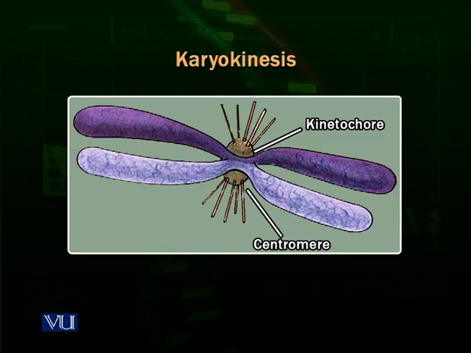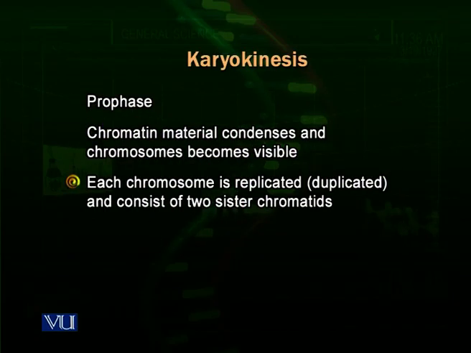These are actually the replicated chromosomes. Each chromosome has a central point, the centromere, where both of these sister chromatids are joined together.